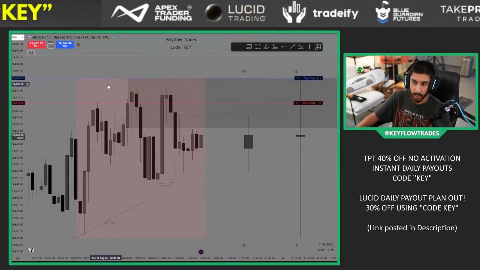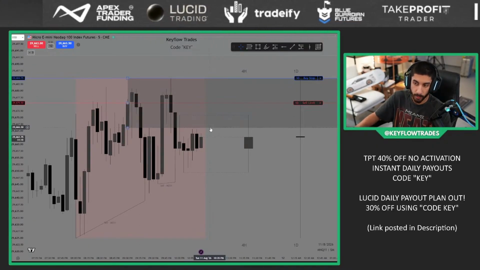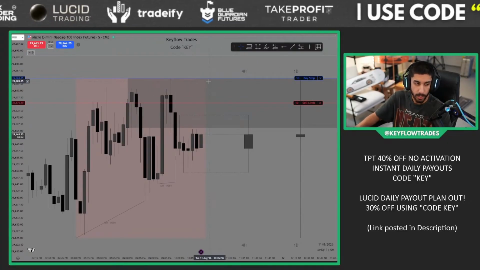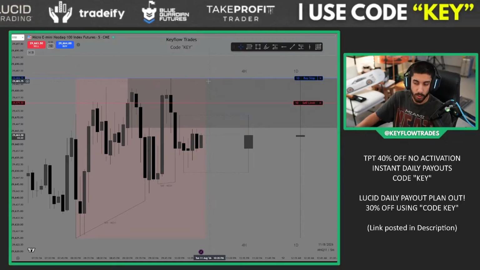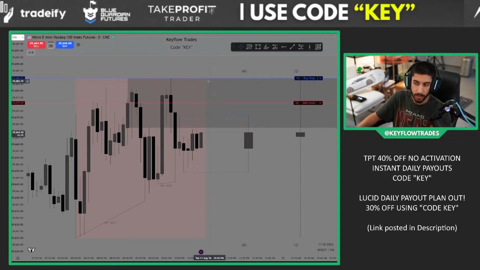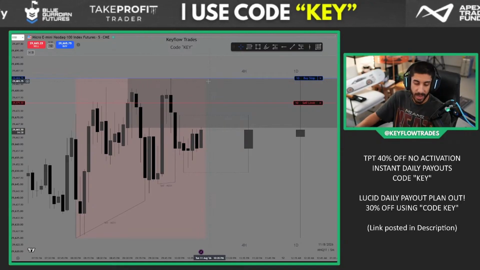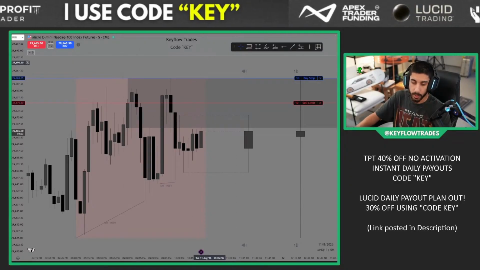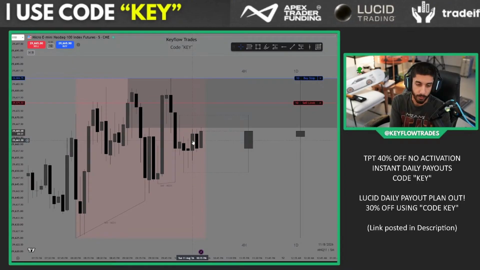Just the top, right? You're not entering at the bottom of the range, you're entering the midpoint of the range. So you're going to have very limited risk. You'll have maybe 10 points, 20 points of risk, depending on how big the ranges are. But you're never going to have that big of a range. So that's why we use midpoints of wicks.